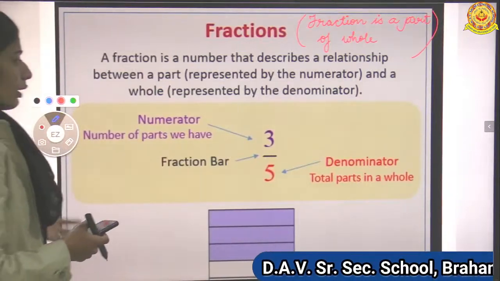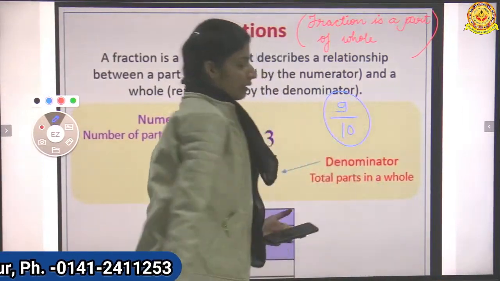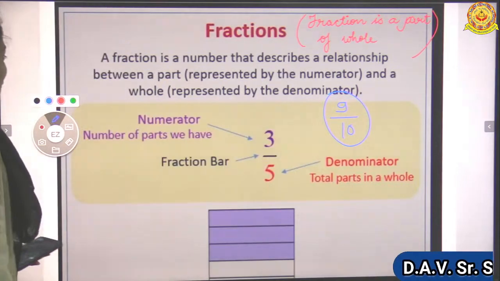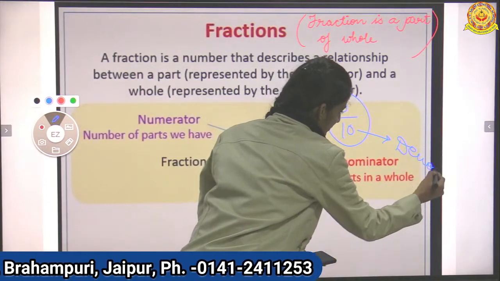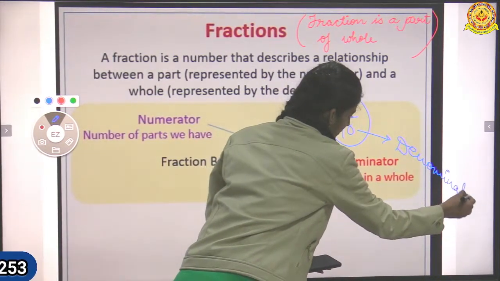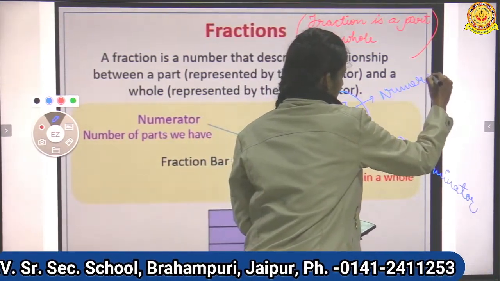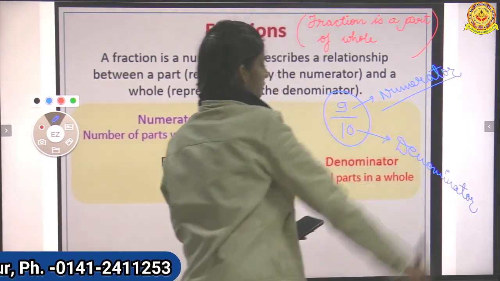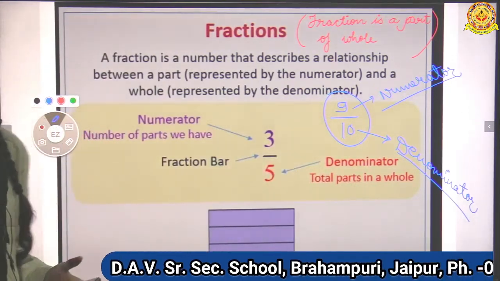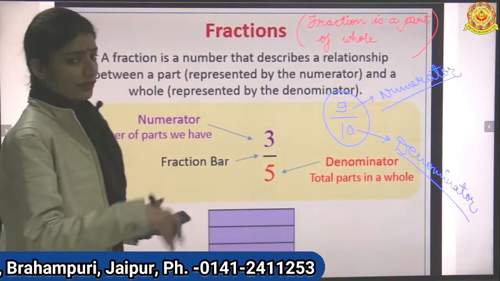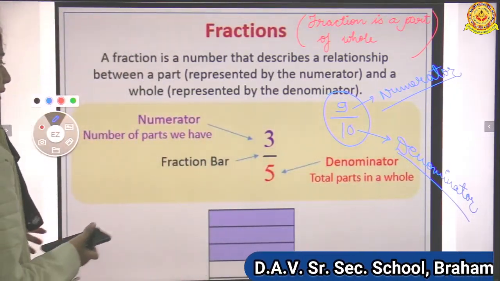Suppose I have taken a test, and you have scored 9 out of 10. Ten is the whole and 9 is the part of that. I cannot score 11 out of 10. I can score 9 out of 10, and that is a fraction.